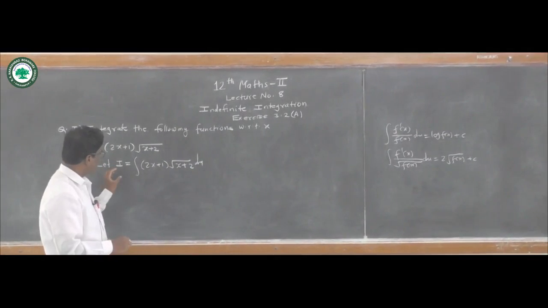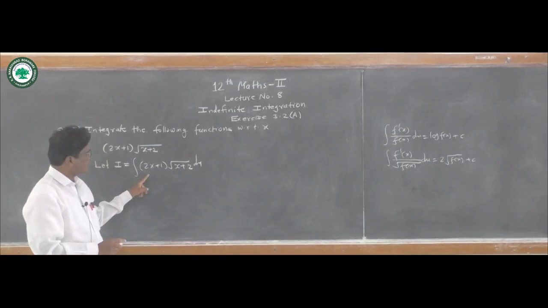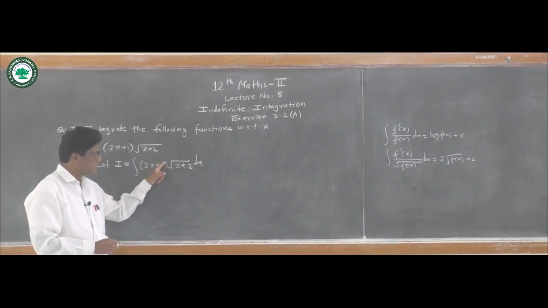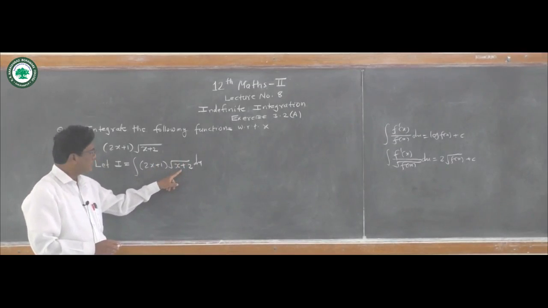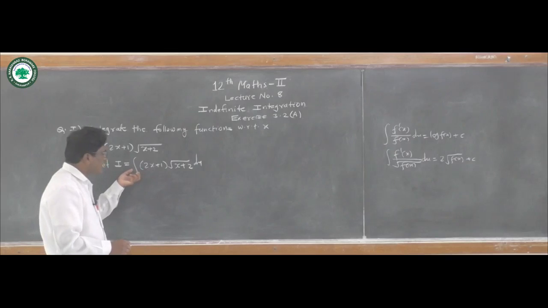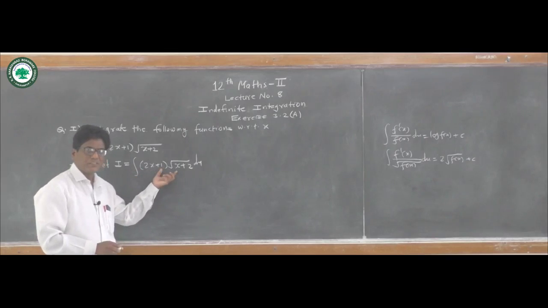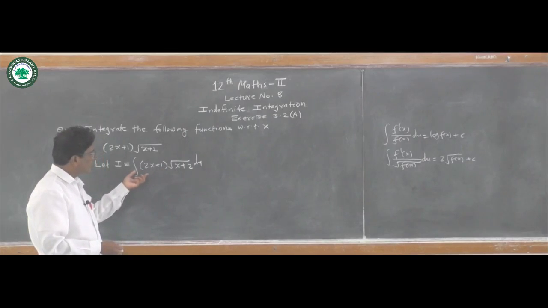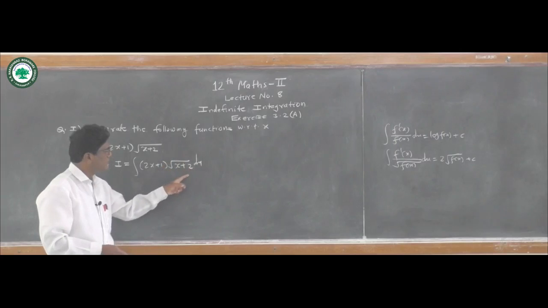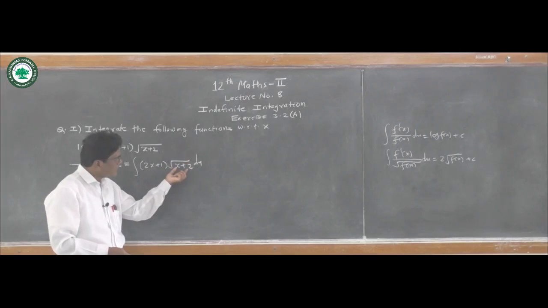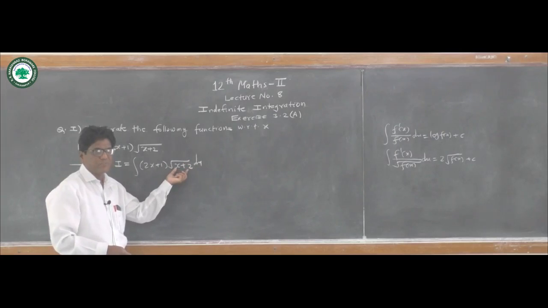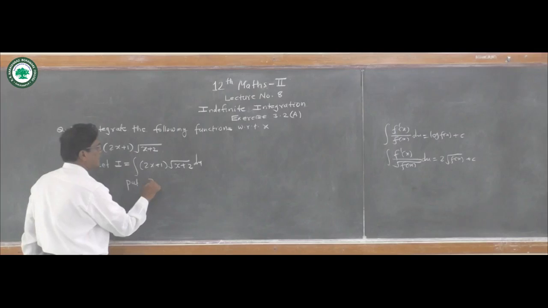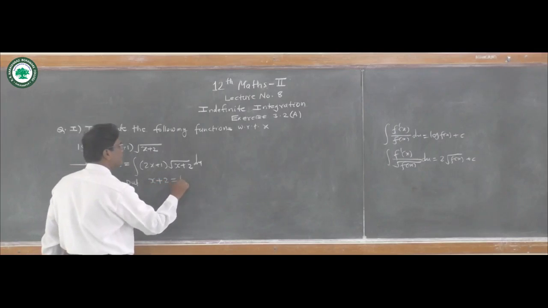So in this problem, I is equal to integration of (2x + 1) root of (x + 2) dx. Firstly, we have to remove this root. We have not learned how to take the integration of a product of two functions; it is later on. So here we remove this root sign. We put x + 2 = t.